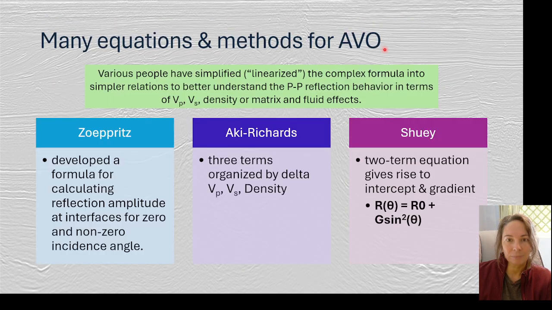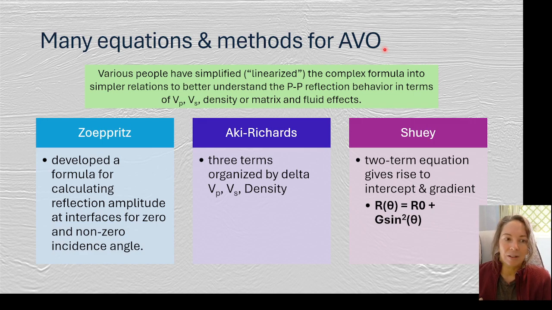Over the years, there's been a lot of work on these AVO equations, and there are a couple of main ones that we tend to go back to time and time again, but this isn't an exhaustive list. Zoeppritz has the original equations for AVO. They're very complex, but they do a great job of modeling the effect.